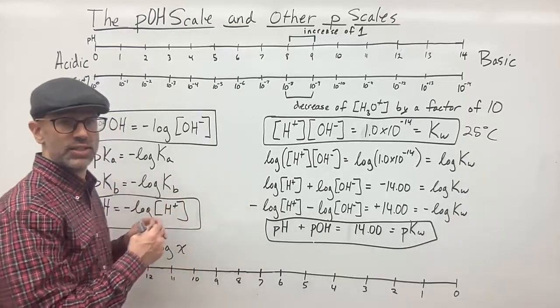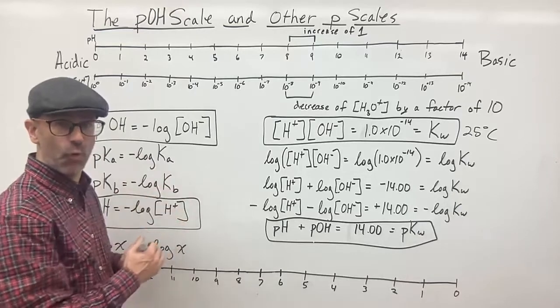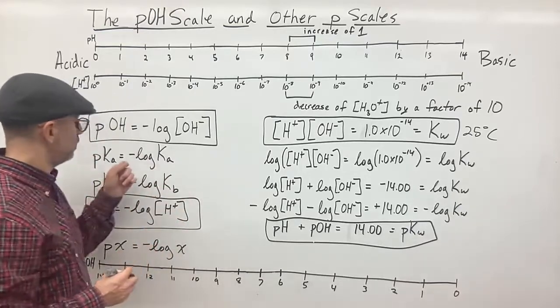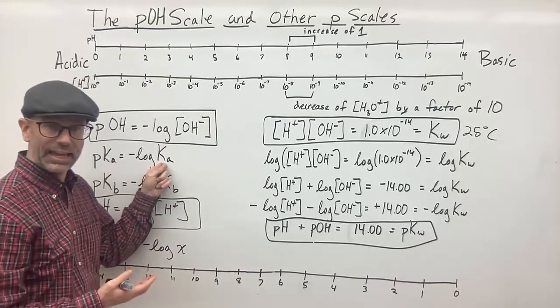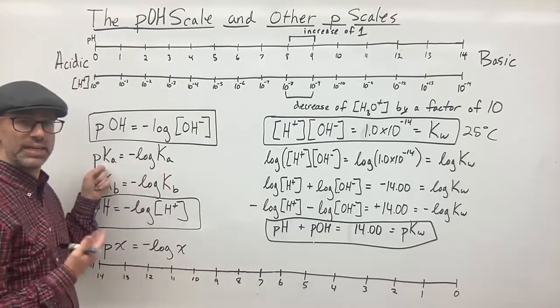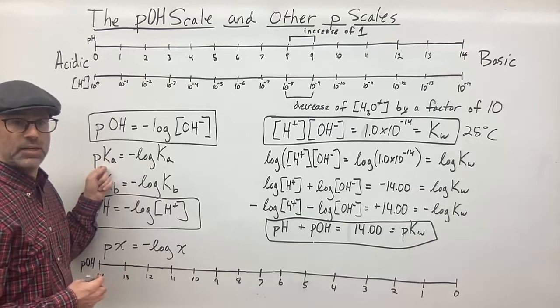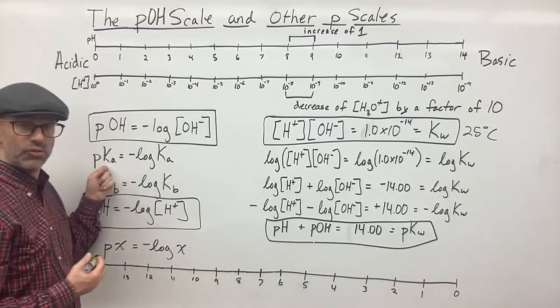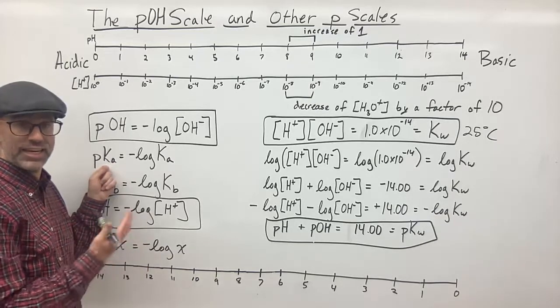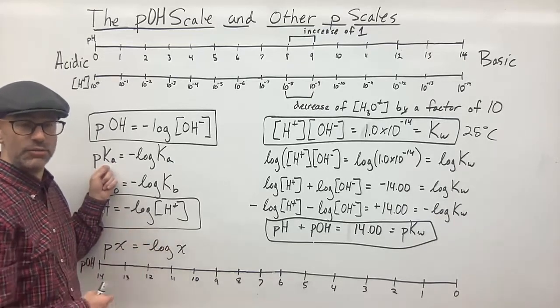So most of it is going to stay in the HA form. So if you take the negative log of your Ka value, you get what is called the pKa value. So the pKa value is also a measure or indicator of the acidity of something.